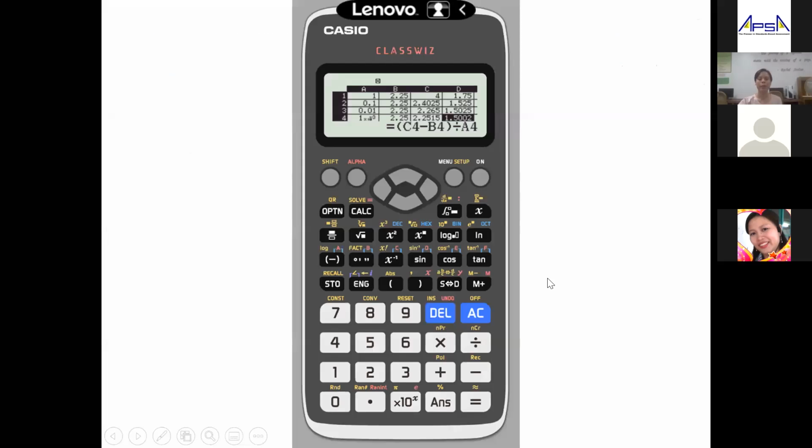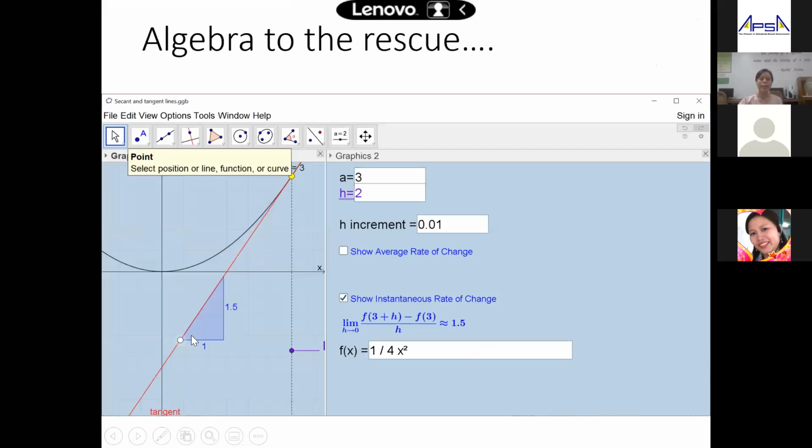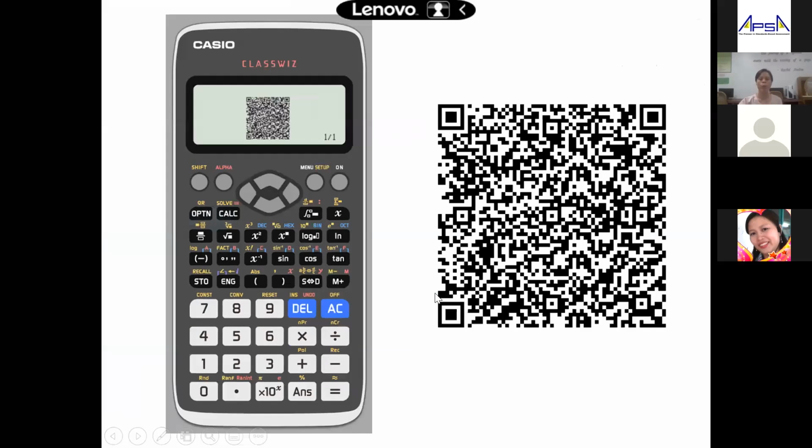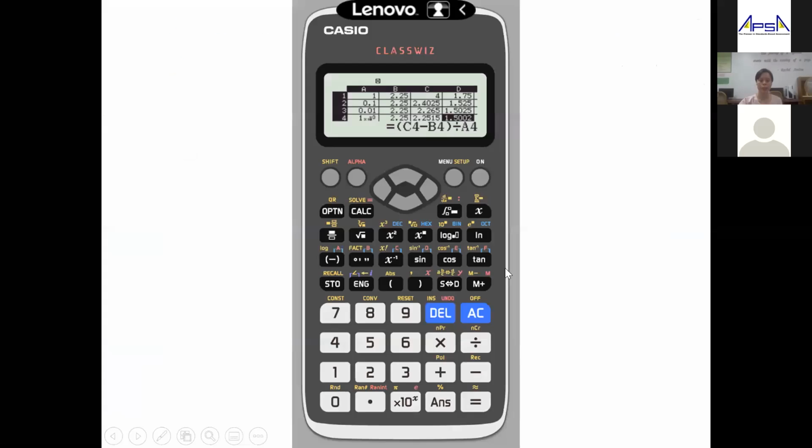Now, back to my problem earlier. The question was, how will I get the slope of this tangent line? So this is, again, another problem where you can use your calculator. So in classrooms, we don't really need to use a spreadsheet. A spreadsheet would need a laptop. The calculator can do it.